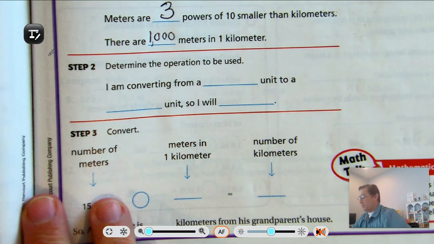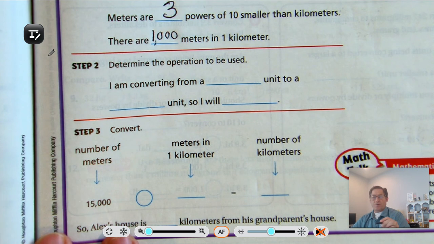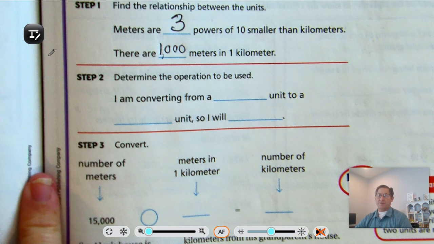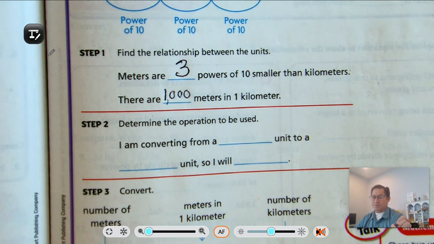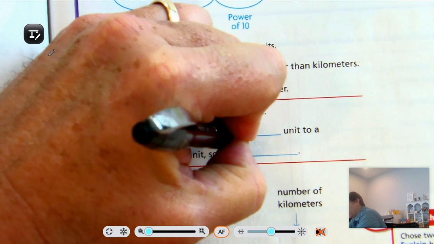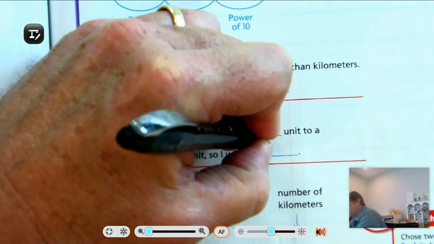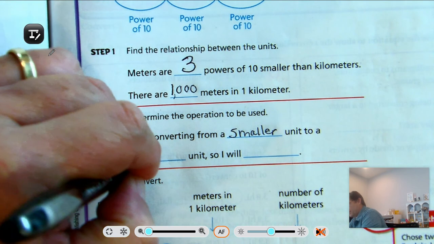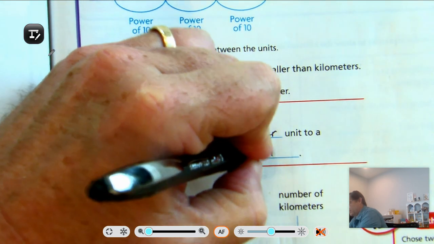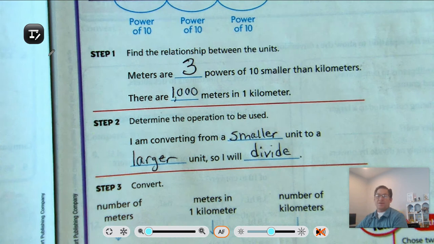So determine the operation to use. We're converting from what type of unit to another type of unit? We're changing from meters to kilometers, so we're converting from a smaller unit to a larger unit. So we will divide.